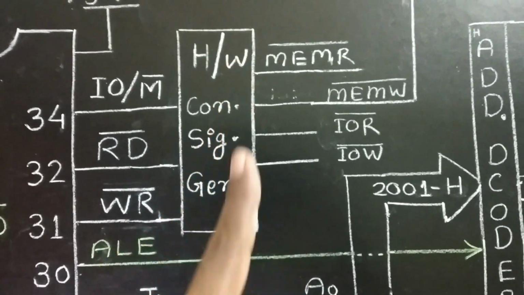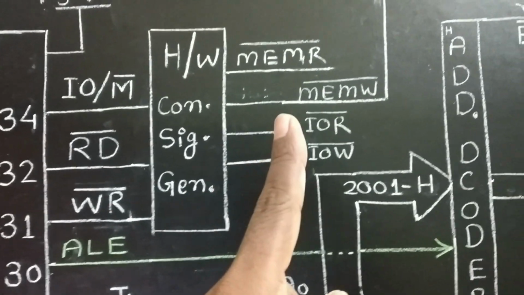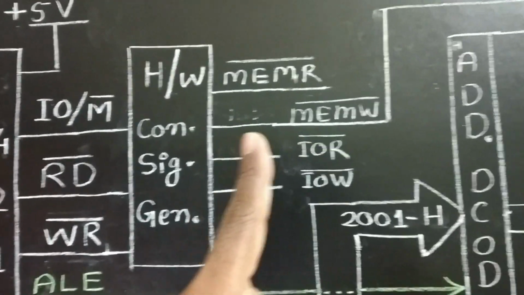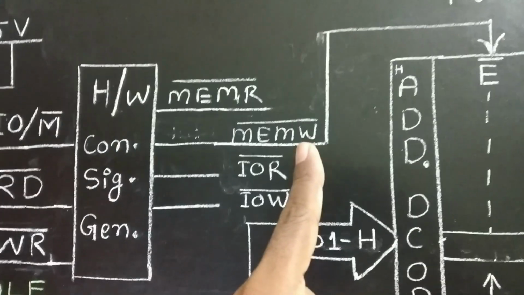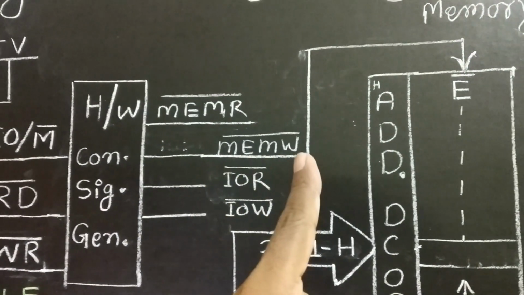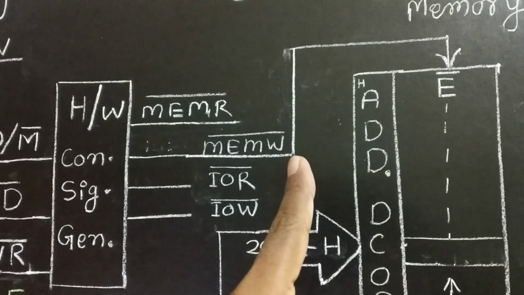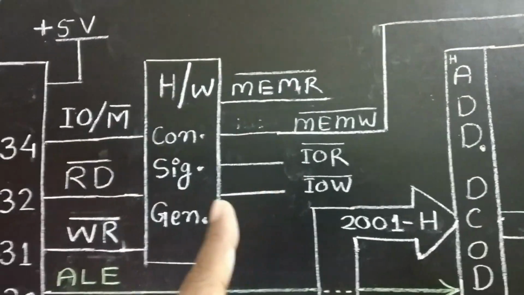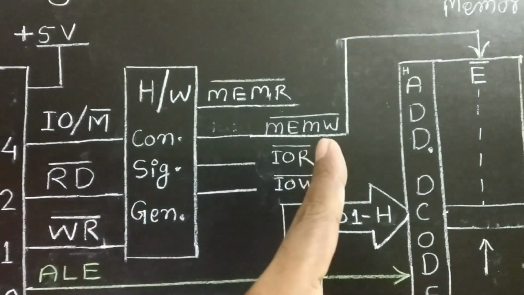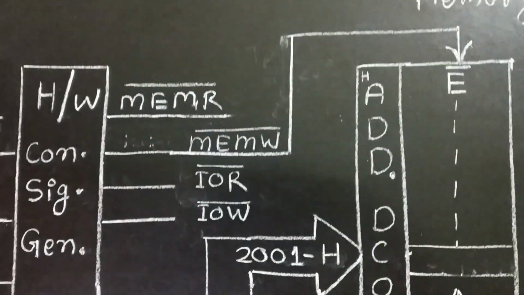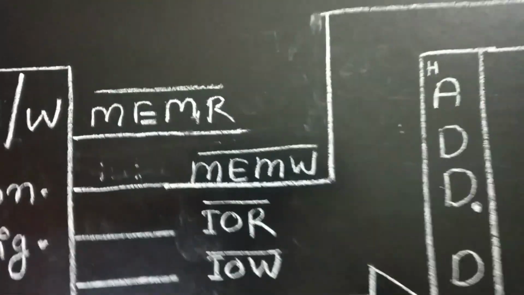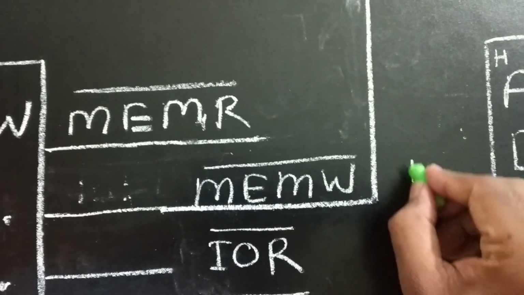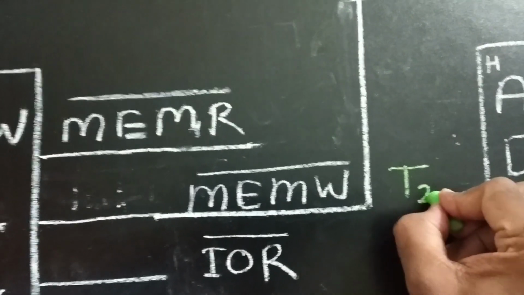Thus, with the hardware for control signal generation, the signal used for the memory writing operation is memory write bar, which is activated by the processor at time T2.